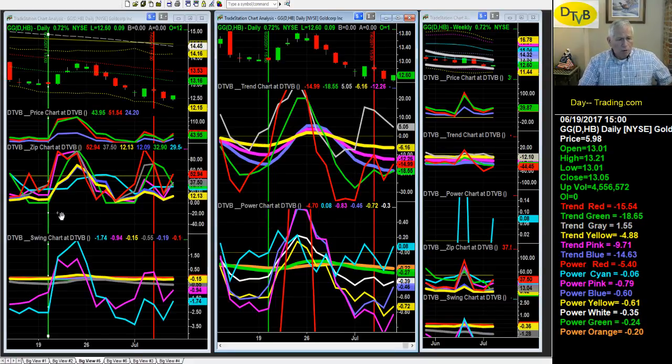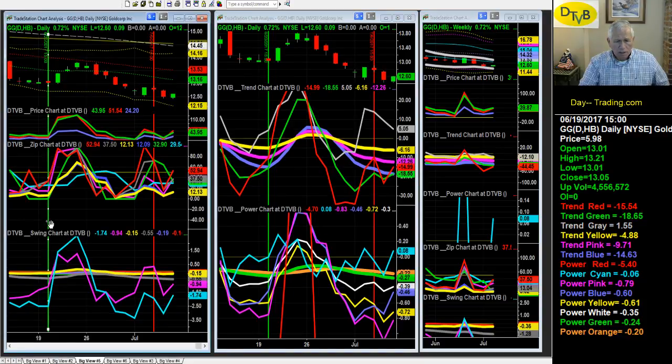Now, going back over to the zip chart over here, you can see on the green vertical line we have zip green at 0. And if you've looked at even one video in this day trading Visual Basic system, you know that when green is at 0, the price is going to be going up.